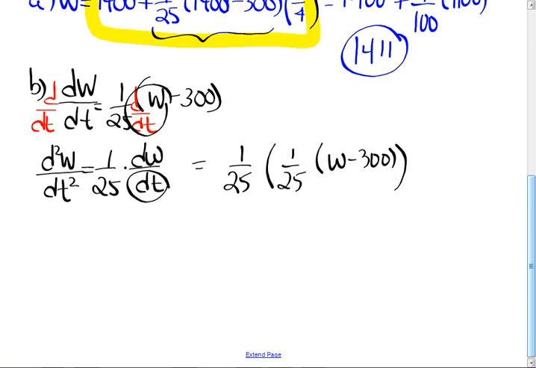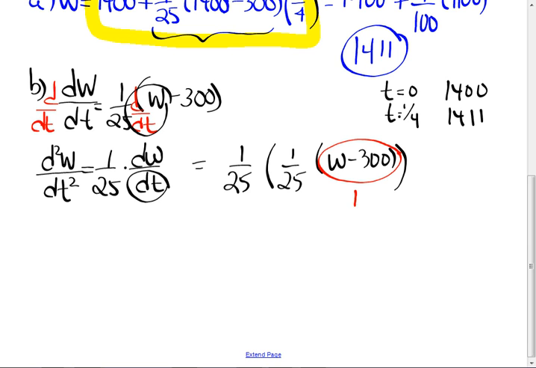Remember, w is going up. At t equals 0, we have 1400. At t equals 1/4, we have 1411. So what's true about this number right here? Is this positive or negative? Positive. Can't be negative.